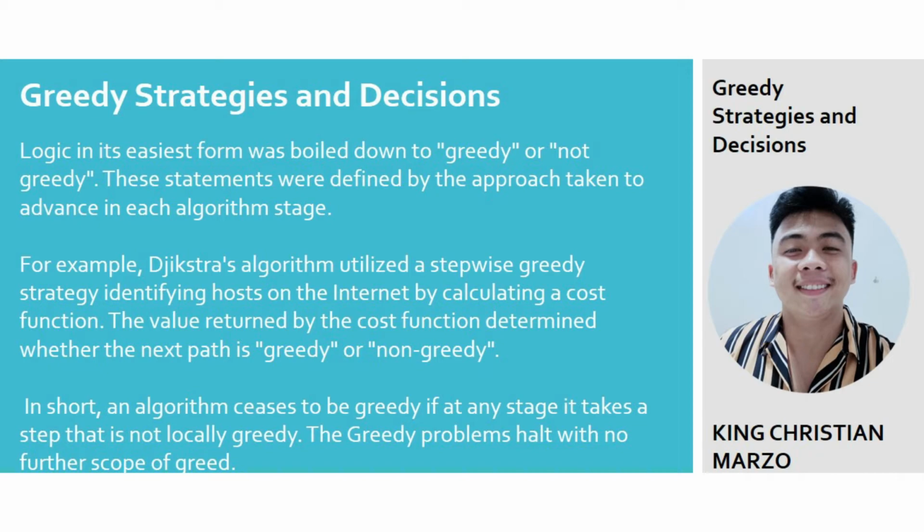The value returned by the cost function determined whether the next path is greedy or non-greedy. In short, an algorithm ceases to be greedy if at any stage it takes a step that is not locally greedy. The greedy problems halt with no further scope of greed.